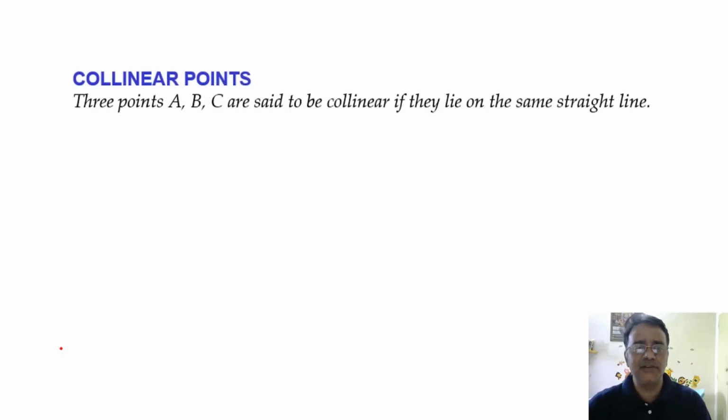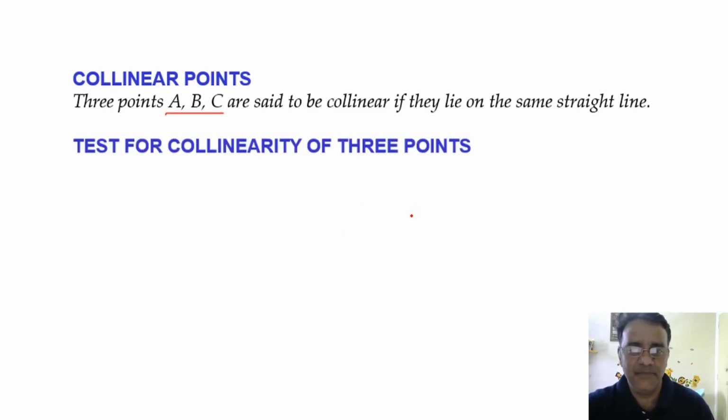So let us move towards the second topic, collinear points. Collinearity: three points A, B, C are said to be collinear if they lie on the same straight line. How will you test?